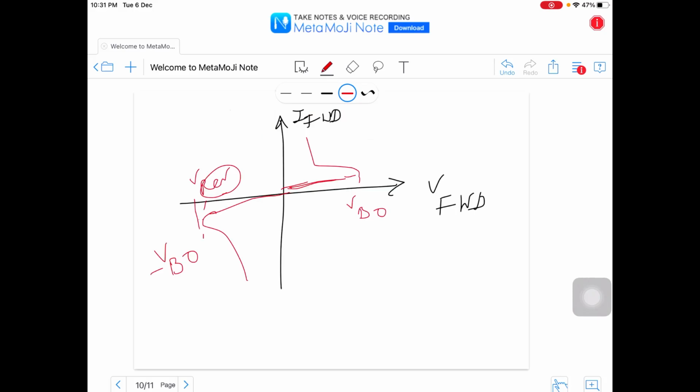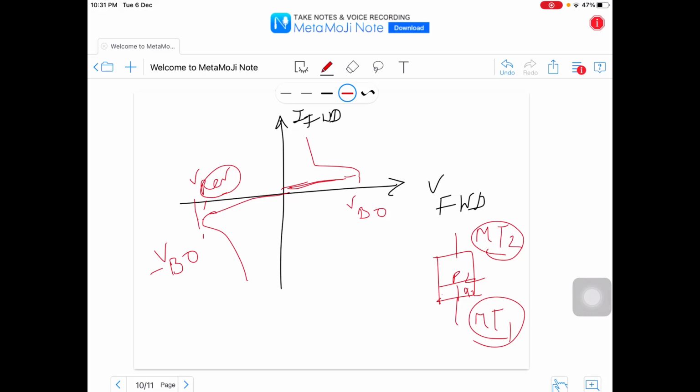When the terminal MT2 is positive with respect to MT1, the junction of N2 and P2 will become reverse biased.